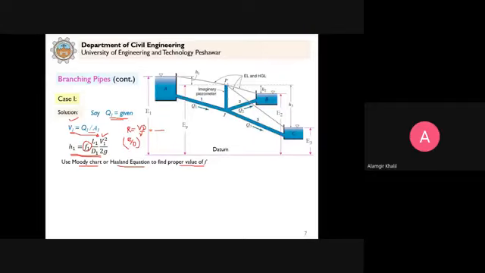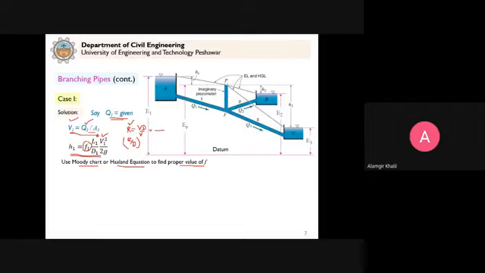And the discharge here is given for pipe 1, so we can calculate V1. For that V1 you put here, D1, and the fluid property, kinematic viscosity, you can calculate the Reynolds number, and then E, which is the absolute roughness, will be given.